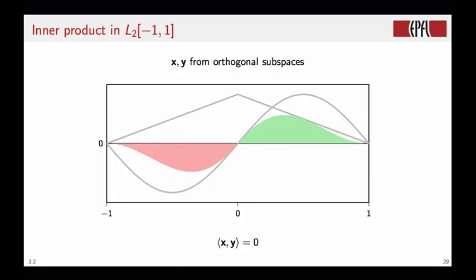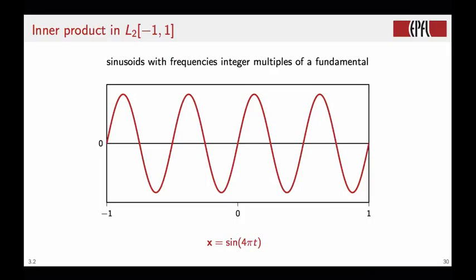So these two vectors, x and y, are orthogonal to each other. Now we see a geometric property that is very obvious in R2, and here it happens for the much more general case of continuous time vectors.